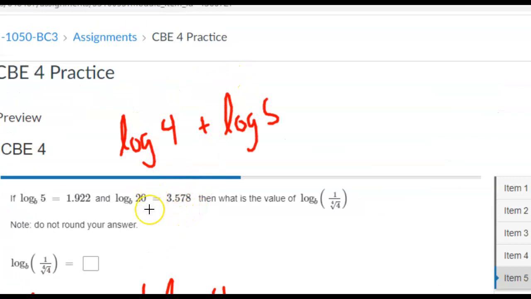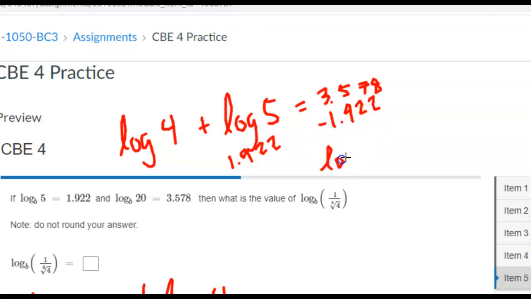So what that does for me is that gives me this equal to 3.578. And then log 5 it tells me is here is 1.922. So I'm going to subtract 1.922, and that'll tell me that log 4, when I subtract those two values, is equal to 1.656.